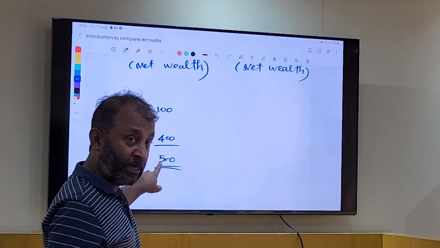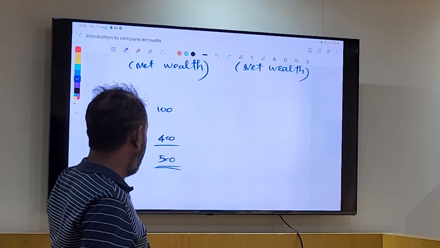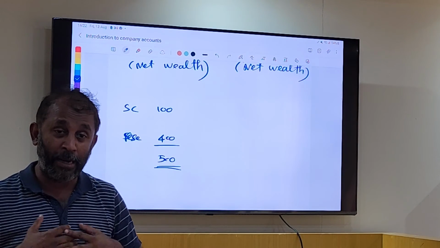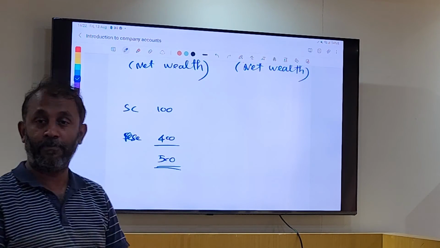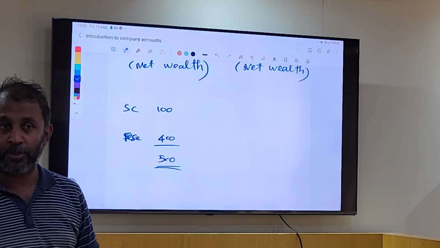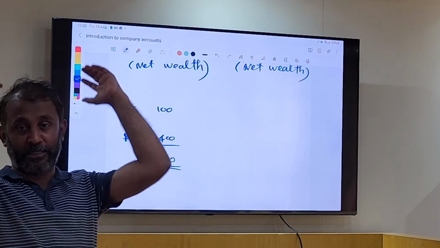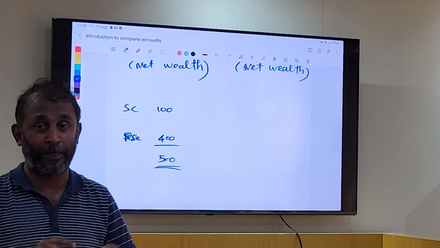Now, when the shareholder is seeing this, we have 500 equity and our share capital is 100 and we have a big amount of reserves. But I am receiving very small dividends based on this. It's unfair. So sometimes shareholders sell their shares, because they are not happy with the way the dividends are paid.